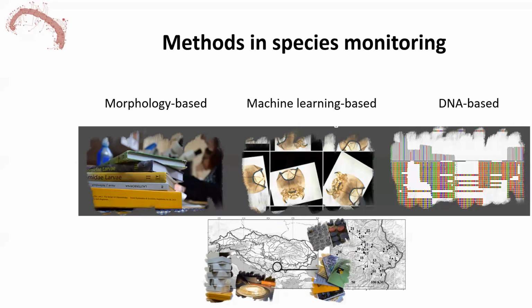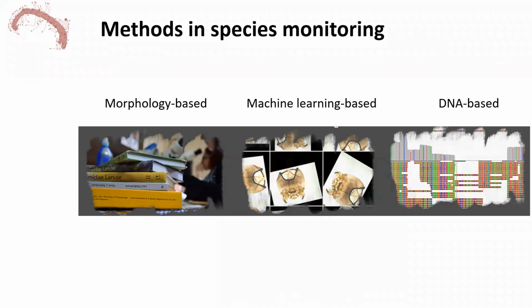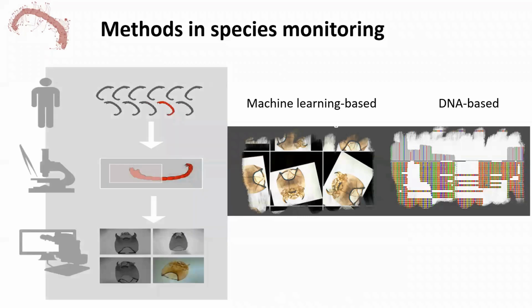And finally, we use machine learning approach, which is based on computer vision and deep learning. So it is planned to first identify all species using morphology-based approach, then to validate this identification using DNA approach, and then to photograph all species and to make a huge image data set.